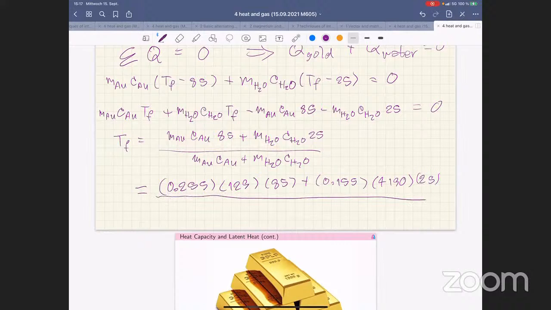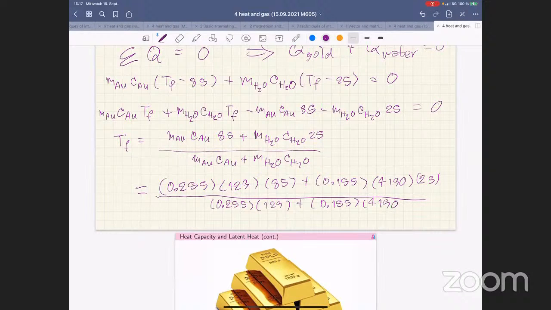And mass of gold, 0.255, and 129, plus mass of water 0.155 and specific heat of water 4,190.